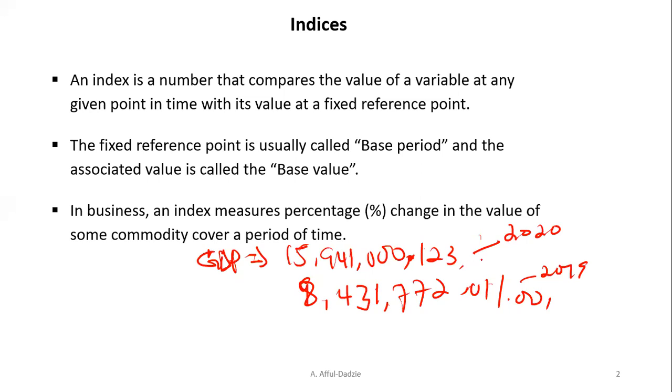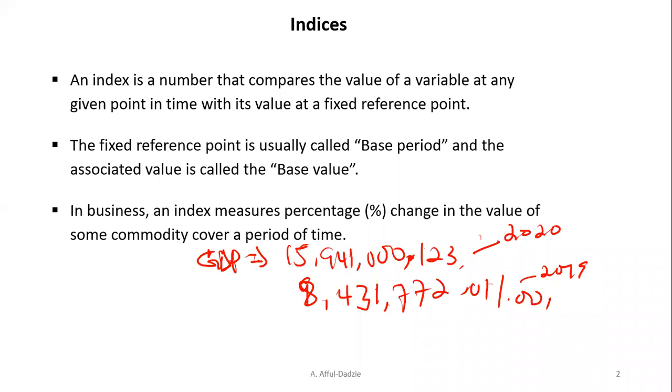Presenting information with raw figures or raw values like this sometimes makes it quite cumbersome for us to appreciate the clarity or understand how situations are panning out in a certain jurisdiction.